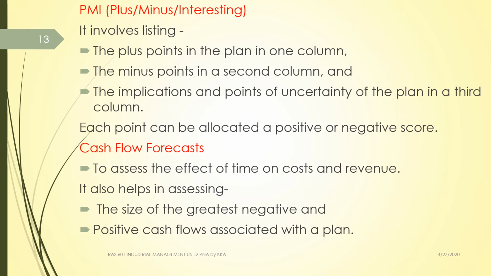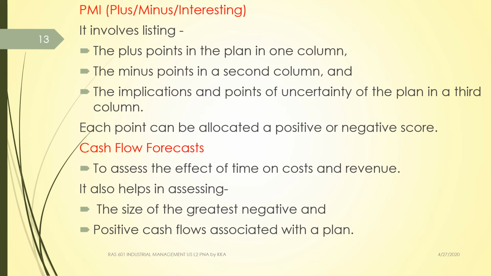Next is the plus minus interesting technique. This technique involves listing the plus points of the plan in one column, the minus points of the plan in a second column, and their implications and points of uncertainty related to the plan in the third column. By doing so, the organization can identify its strengths as well as weaknesses, and the areas where it has to work on.